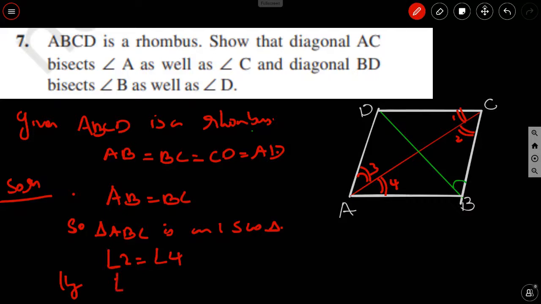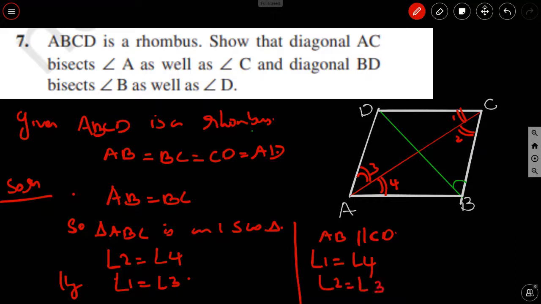You will get angle 1 is equal to angle 3. And we know AB parallel CD and AD parallel BC. So we know it's alternate interior angles: angle 1 is equal to 4 and angle 2 is equal to 3.